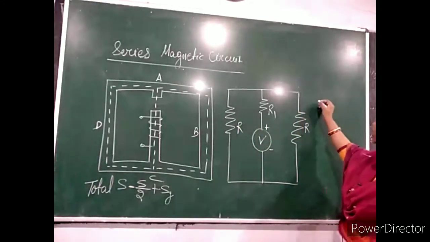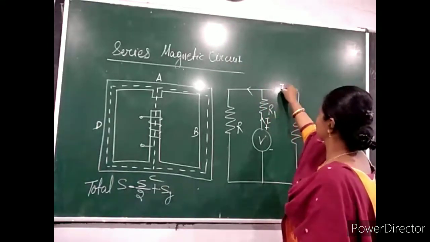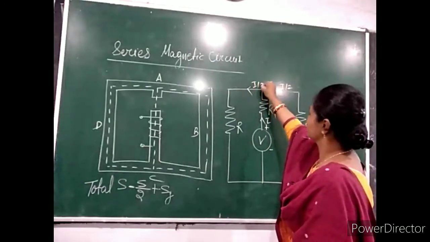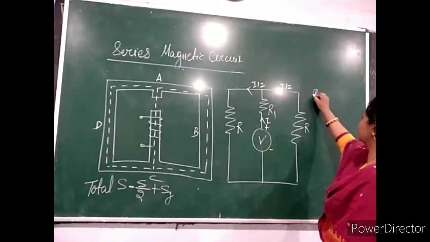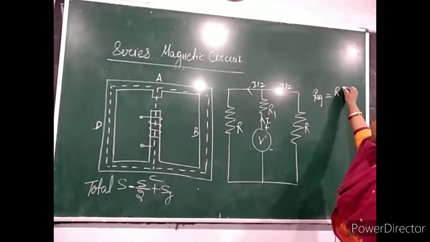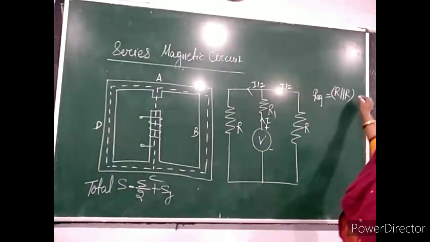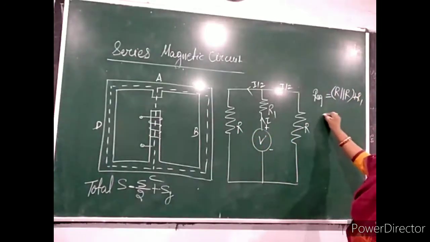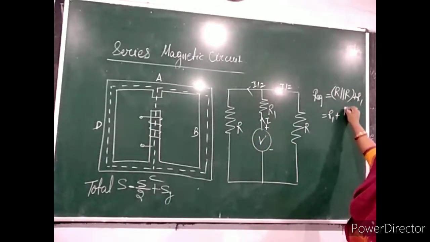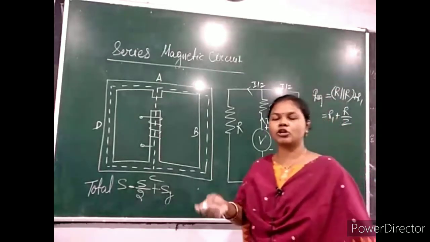So the total resistance of the circuit, R equivalent, is equal to R parallel R, the parallel combination of these two, plus R1, which gives R1 plus R by 2. So this is the concept of how to find the total reluctance.